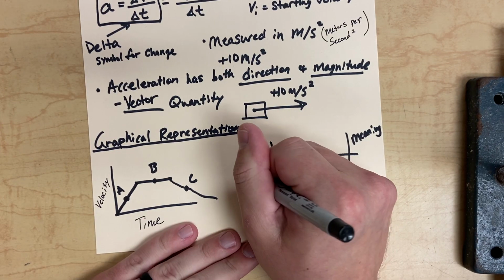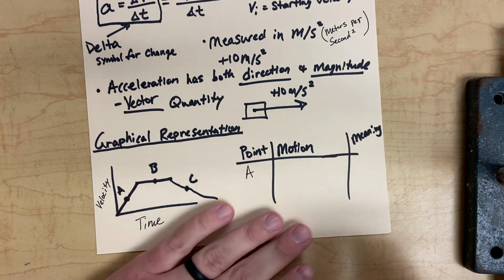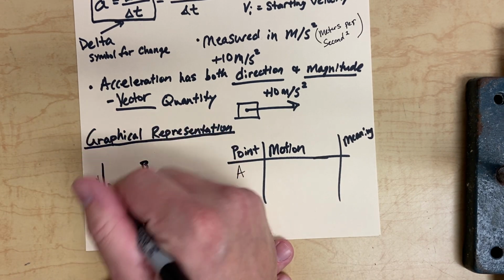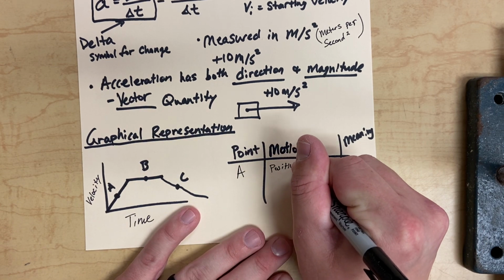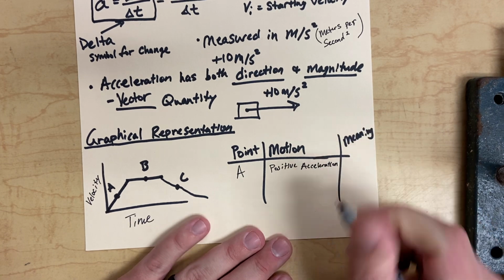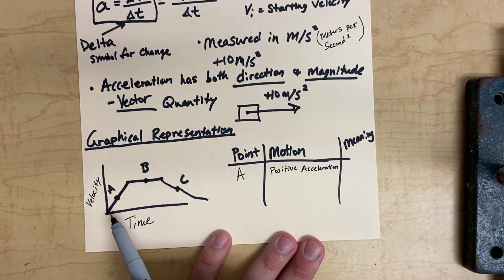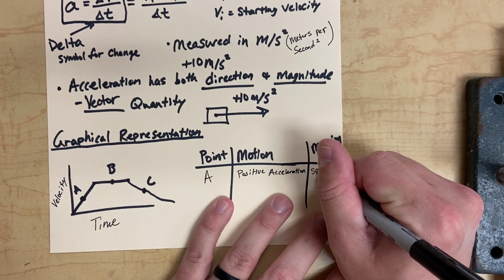Okay, so at point A, our velocity is changing with respect to time. So as it is moving upward in direction, we have a positive acceleration. It is positive because it's moving up on the graph, away from our starting point, up and away, which means that we are speeding up.